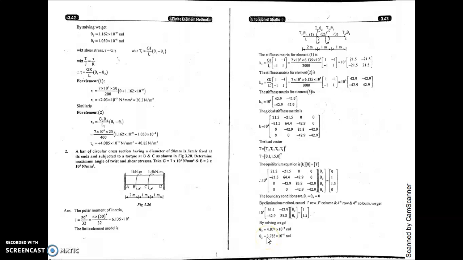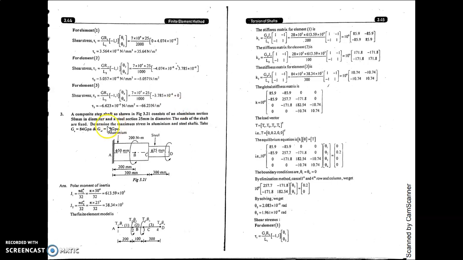Is this clear? Fine. Now coming to the shear stress values. Here we have GR by L times [-1 1] times [theta 1, theta 2]. So put all the values which are already there. Remember here the diameter is given as 50 mm, so the radius will be half of the diameter, which is 25.